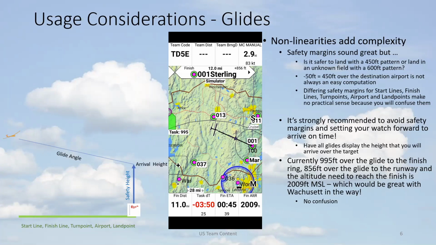If I'm gliding to the start line, it's the height I'm above or below it. If I'm gliding to the finish line, it's the height I'm above or below it. When I'm gliding back to the airport, it's the height I'm going to arrive above it or below it. So I don't have to do any math. And let me tell you why I think that's important.